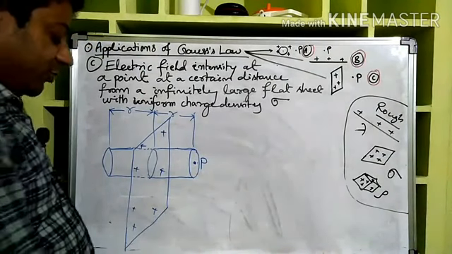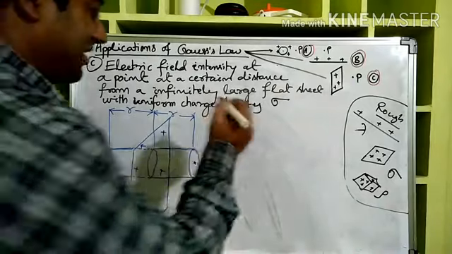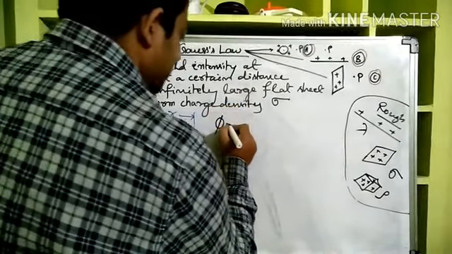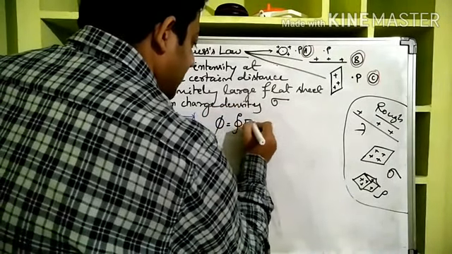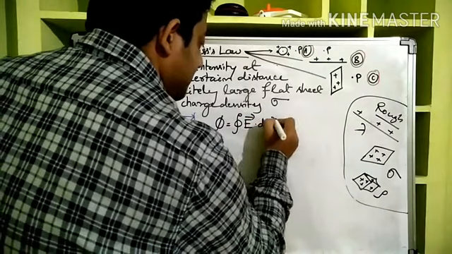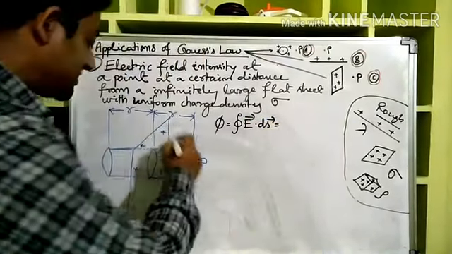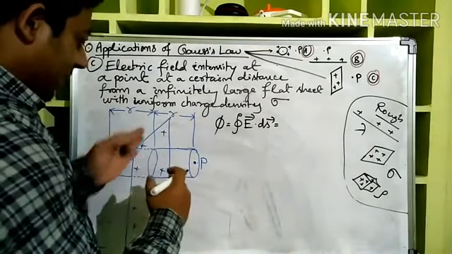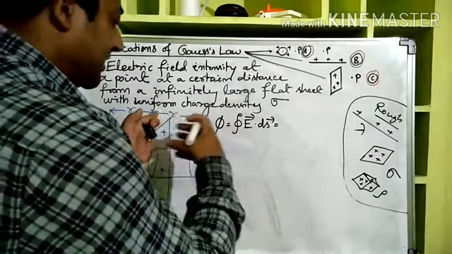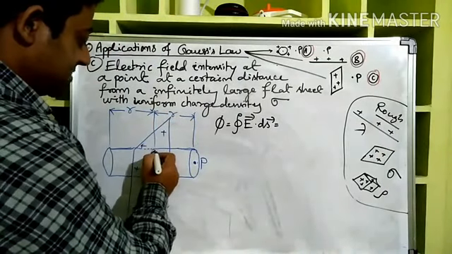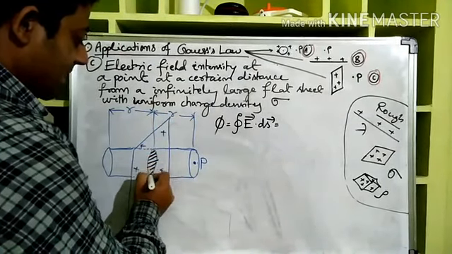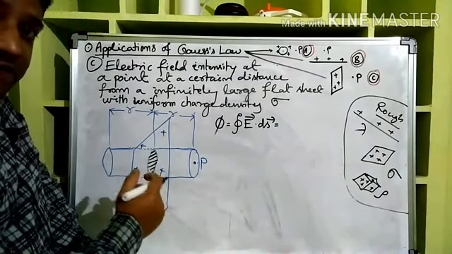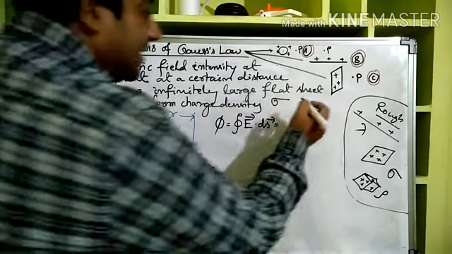Now again, our master stroke all the time is, total flux is equal to closed integral of E dot ds is equal to Q, the charge enclosed in the surface. Now think that at one plane only the cylinder is cutting it, right? And that is this much plane, and that much charge only is contained in the closed surface, yes or no?